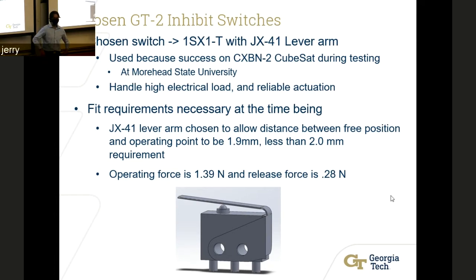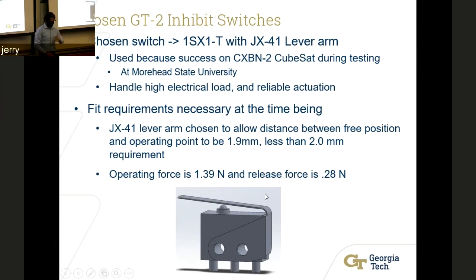The benefit of having the lever arm separate from the switch itself was that we could modify it and design it to fit our requirement of, again, being under 2 millimeters. As I was saying, there isn't that much space to fit our switch into. The JX40, which was what was used with the CXBN2, had its lever arm going from this side up over here.